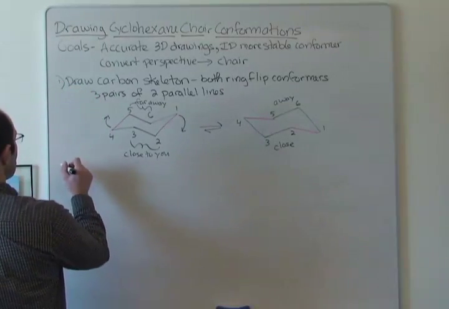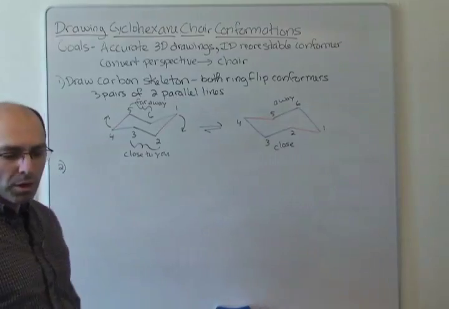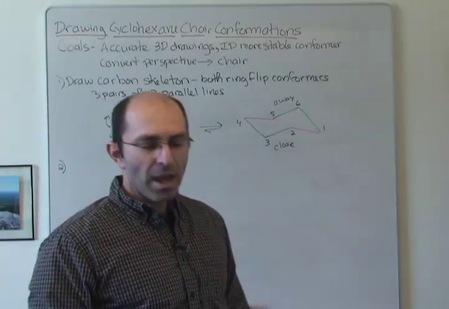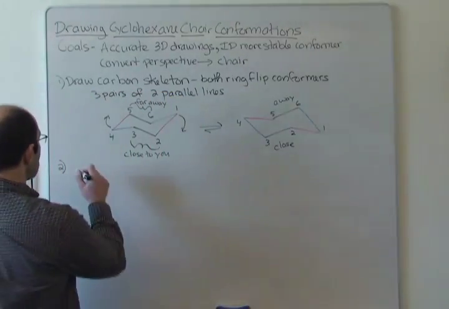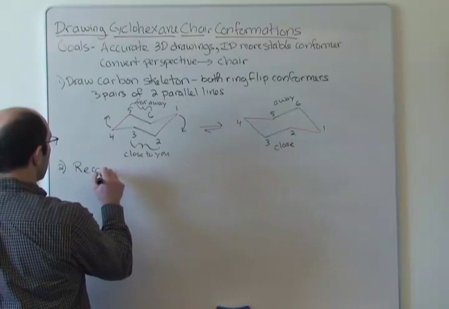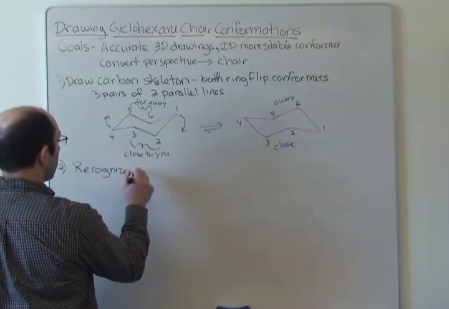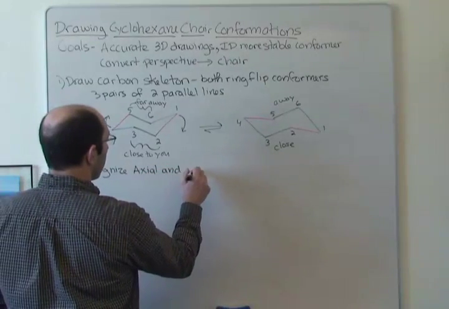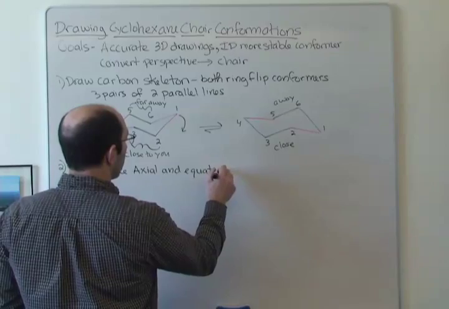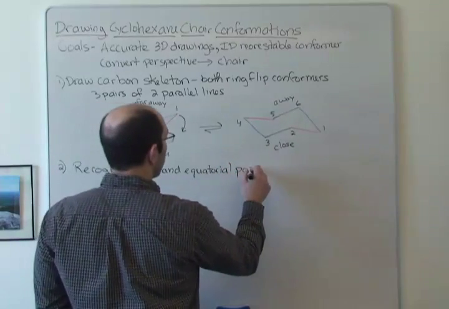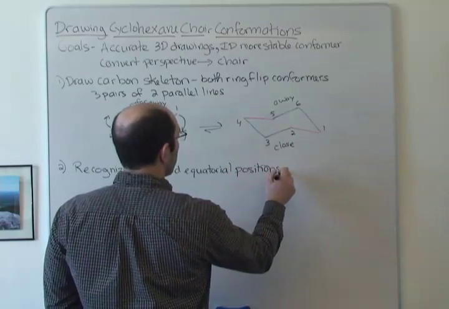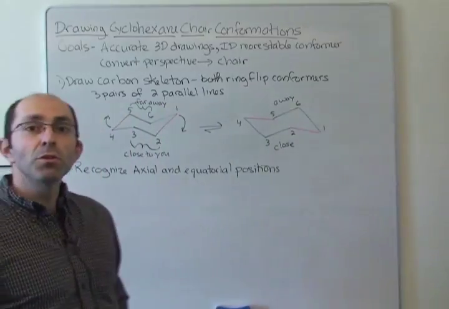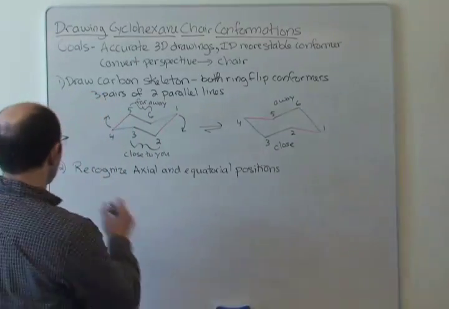Number 2 is we want to be able to recognize axial and equatorial positions. Axial are usually the easy ones to spot.